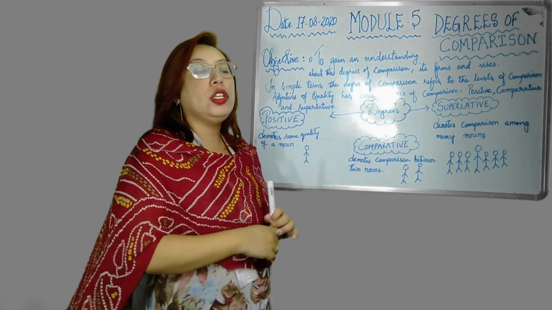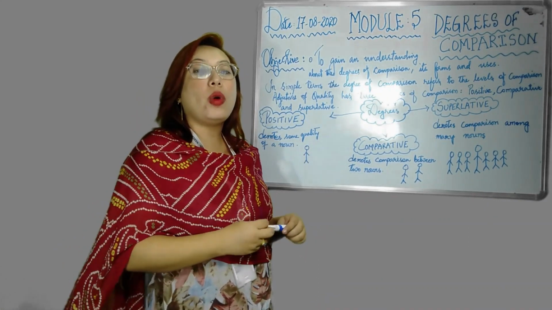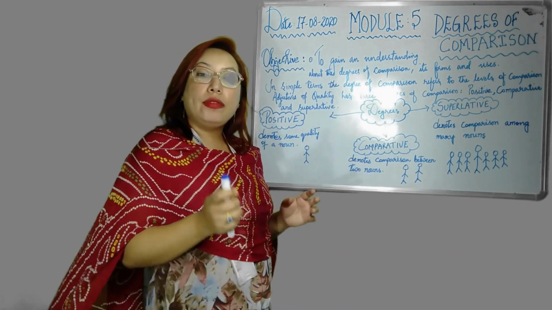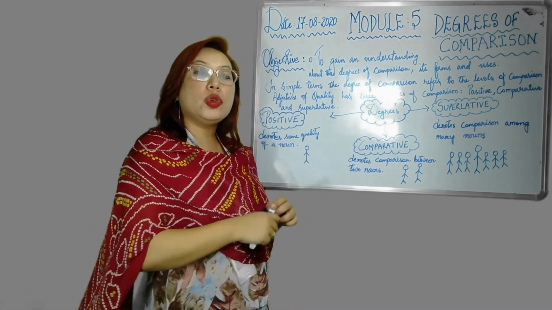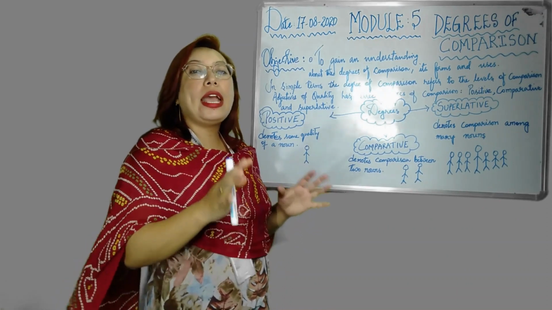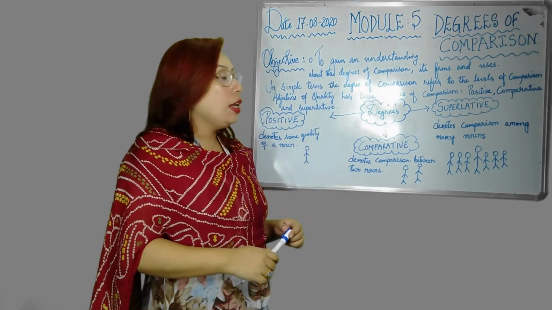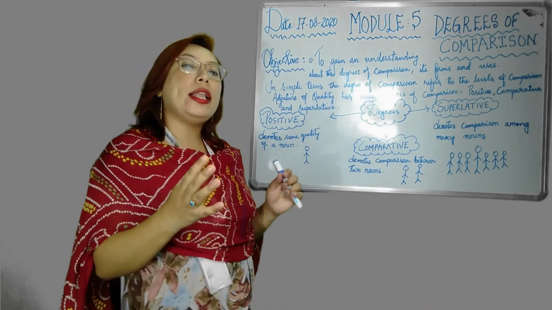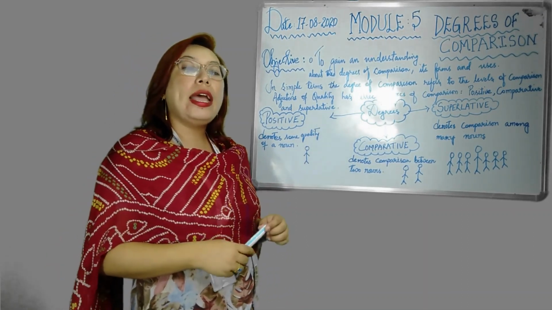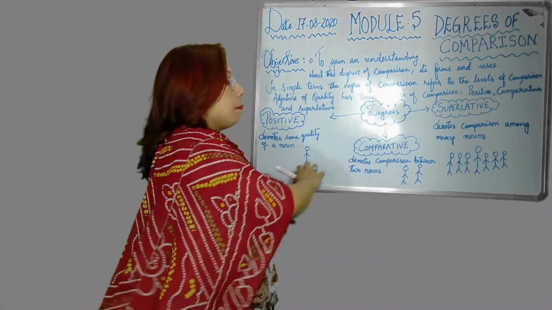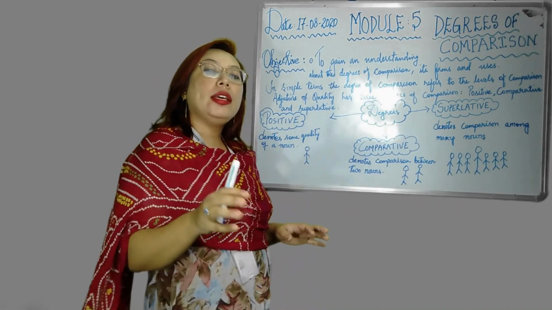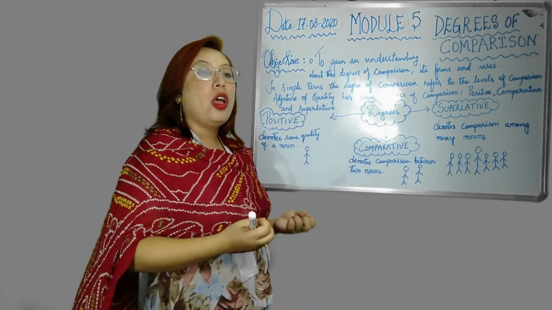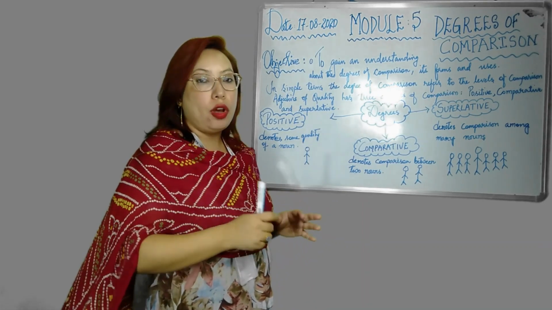So it denotes the adjective of quality, showing what kind the noun is. This positive degree does not compare with others, rather it just simply states the quality of the noun.